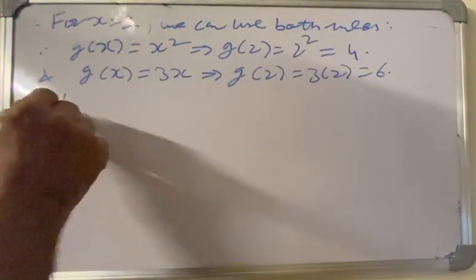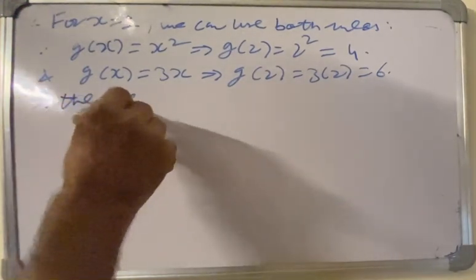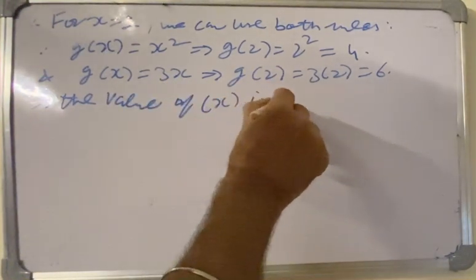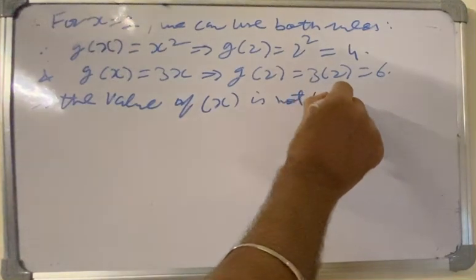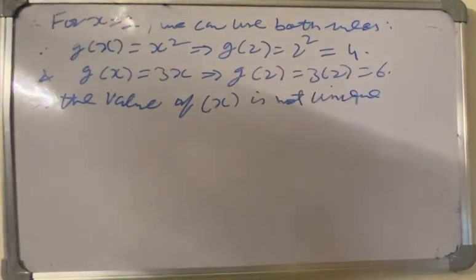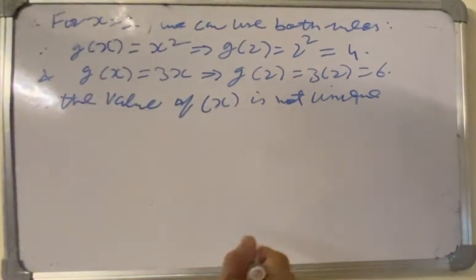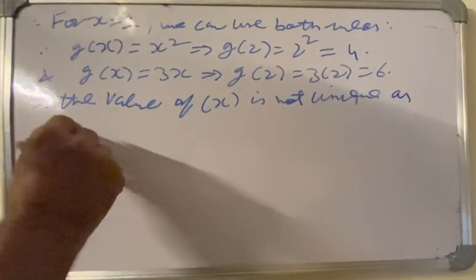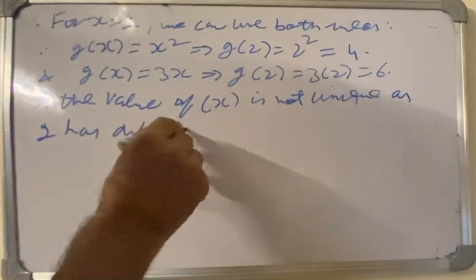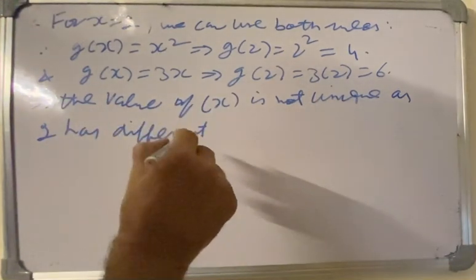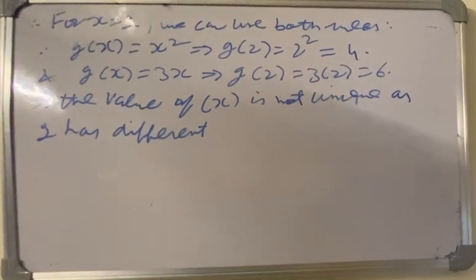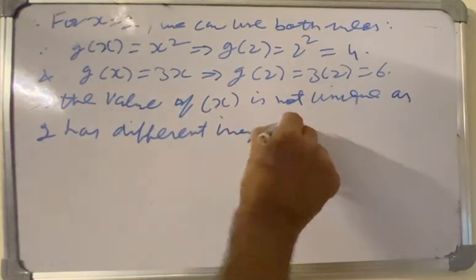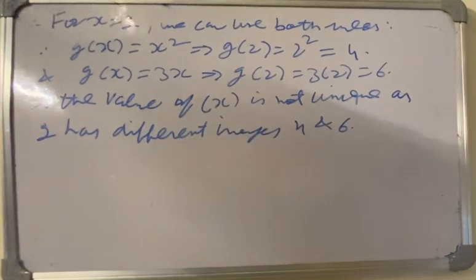Therefore, the value of g(x) is not unique, as 2 has different images, 4 and 6.